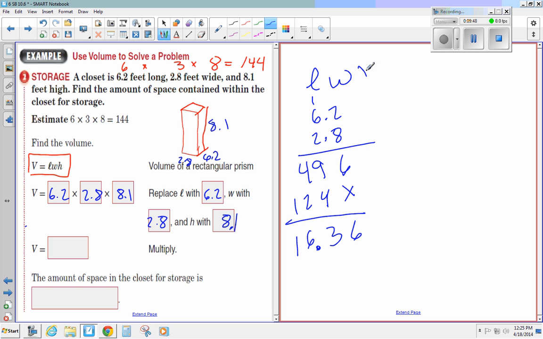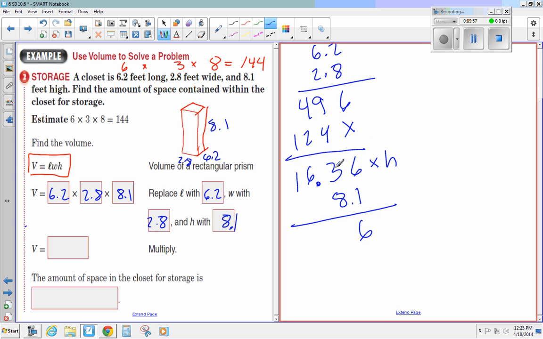Now we're going to multiply it by the height, which means we're multiplying by 8.1. And we multiply again. 6, 3, 6, 1. That's 48. Carry the 4. 24, 28.